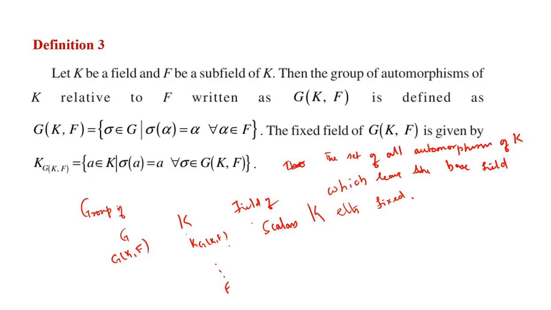So this is the fixed field. Otherwise we will say that F is the base field, then you may have T, then you may have M, then you may have N, and then you have K. Corresponding to each one you can talk about G(K/F), for this you can talk about G(K/T), for this G(K/M), for this G(K/N) and so on.